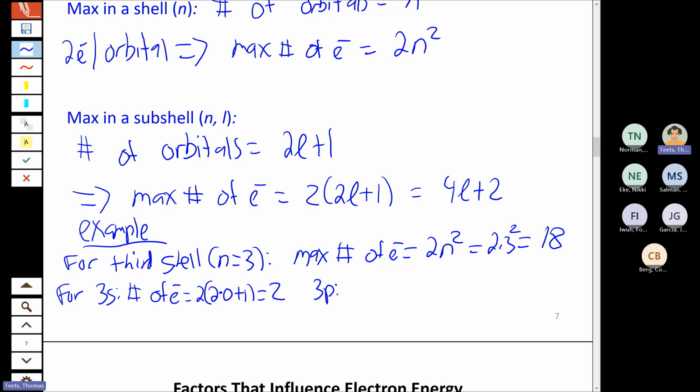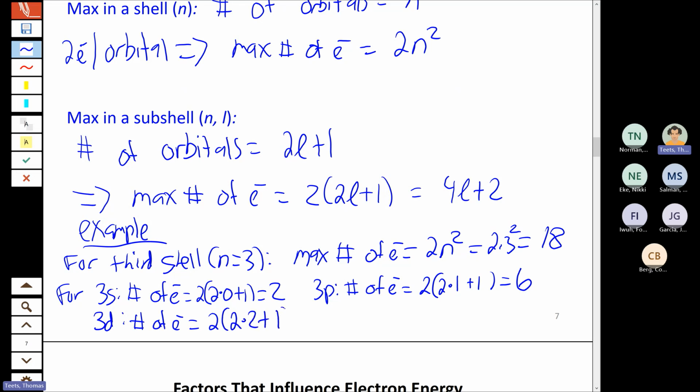For 3p, where l equals 1, the maximum number of electrons would be 2 times 2l plus 1. Now l is equal to 1, so that's 6. And then for the 3d, the number of electrons, 2 times 2 times 2 plus 1, l equals 2 for a d subshell, which is 10.